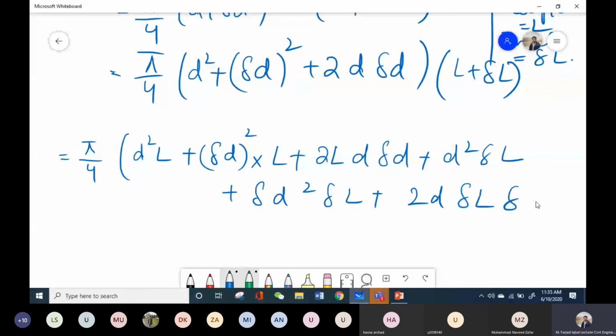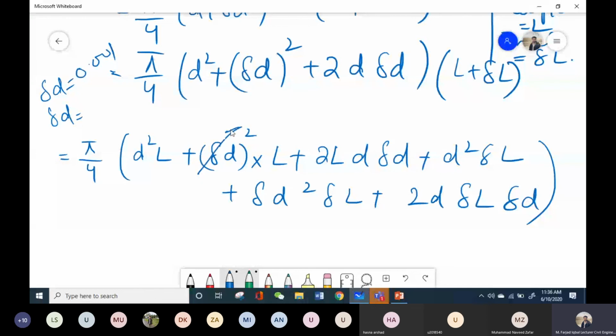So now this is the formulation for the final volume. But if you look at this formulation, delta d is a small factor, so when you take the square of this factor it reduces even more. For example, if delta d is 0.001, and you take the square of this factor, it will reduce even further.